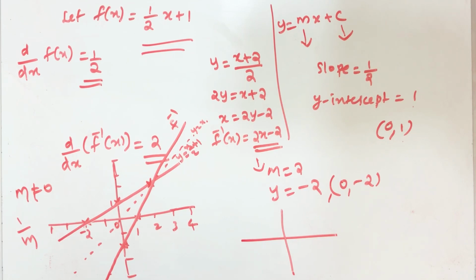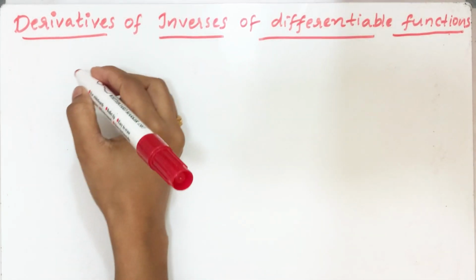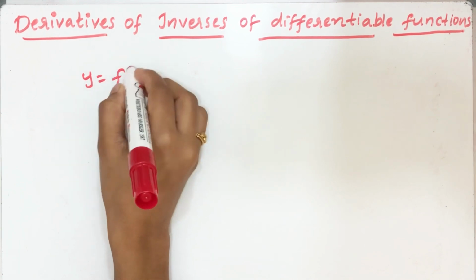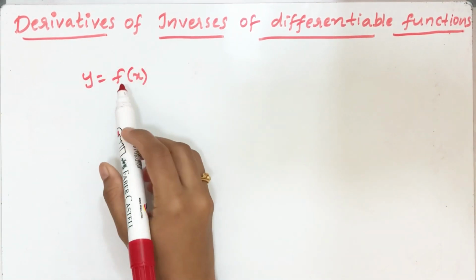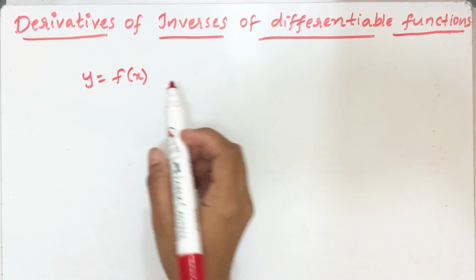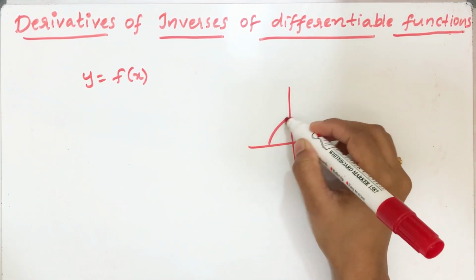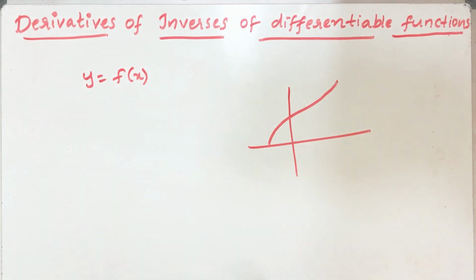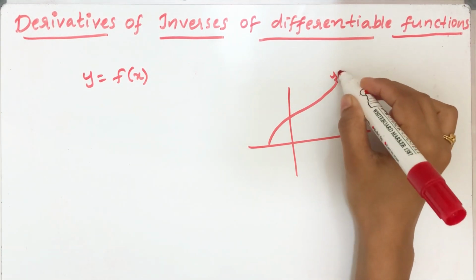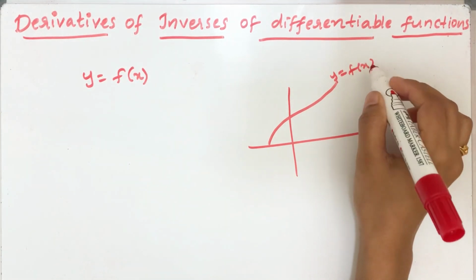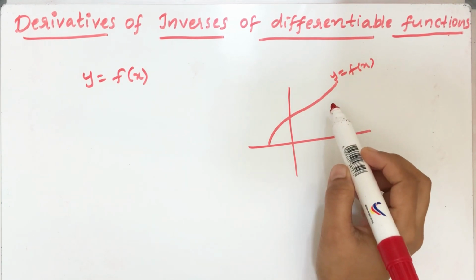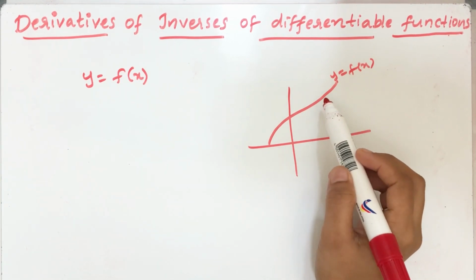We can see, if we have a function y equal to f of x, what is the slope of this function? We can make a rough sketch. Let this be the function y equal to f of x. Slope of this function is nothing but the slope of the tangent at a point.